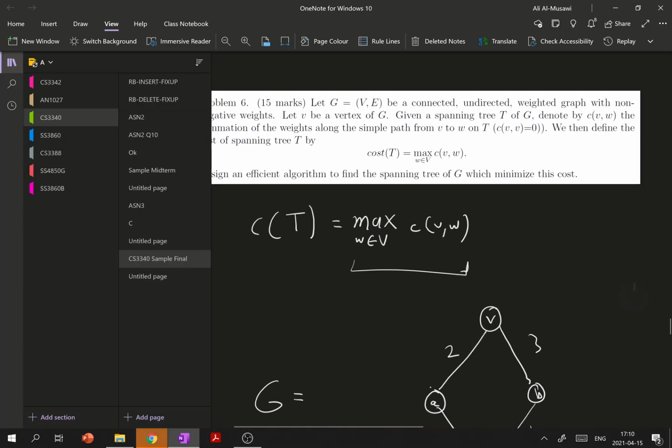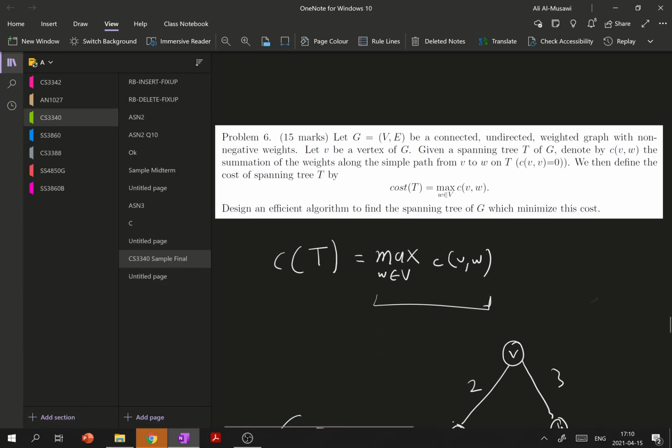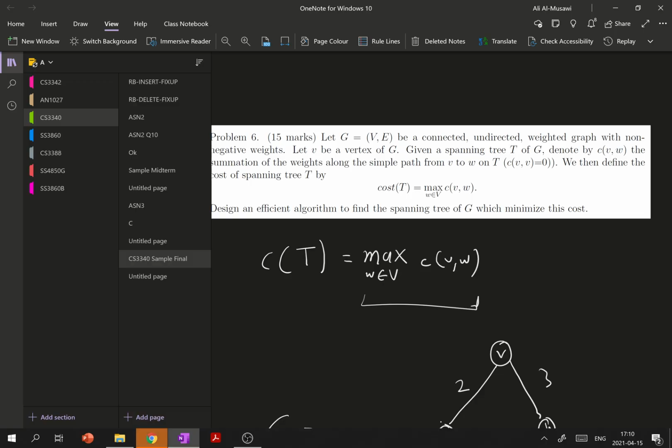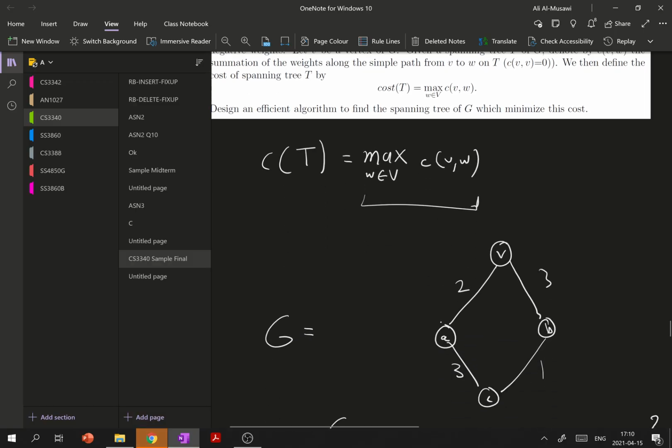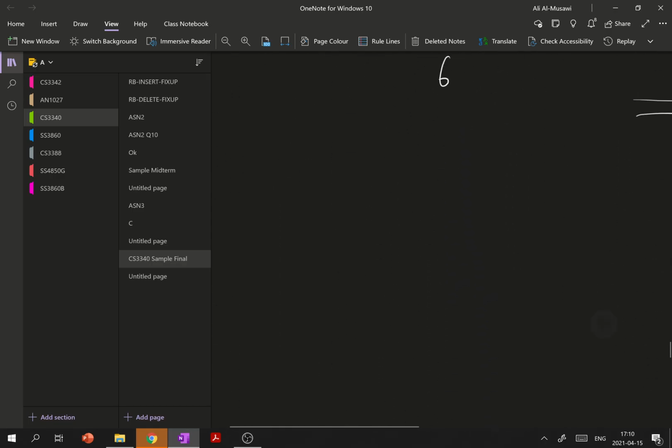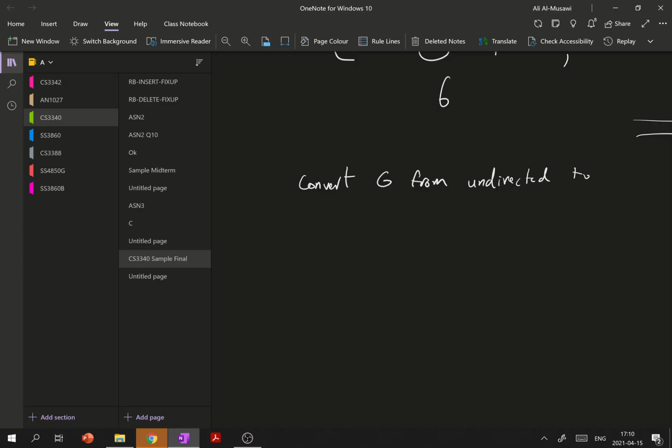The only problem is that when we covered Dijkstra in this course, the input graph was directed. Now it's undirected, so you have to do some conversion before you run Dijkstra. The algorithm would be: convert G from undirected to directed as follows.